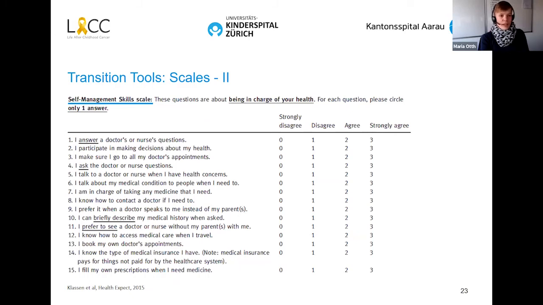It may already start when you see in this scale that a survivor relies a lot on the parents, does not really answer the questions, or says that maybe he does not really know his cancer history. Then in a next appointment, you take the survivor explicitly first alone into the room, and in a second step the parents, to gradually teach them a little bit.